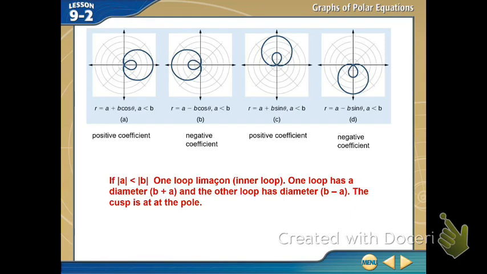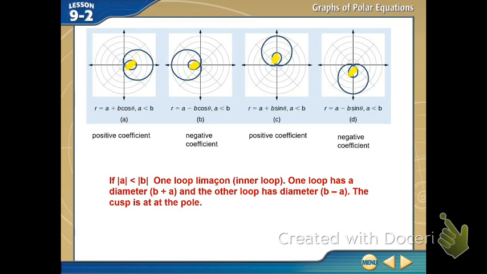All right, last example for limaçons. If the absolute value of A is less than the absolute value of B, then we get what's called a one-loop limaçon. And that means we have this little inner loop, this little guy in here. Okay, so we have two loops. We have an inner loop, and then we have a big outer loop.